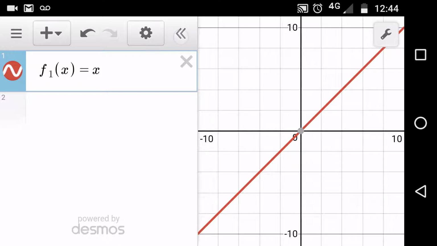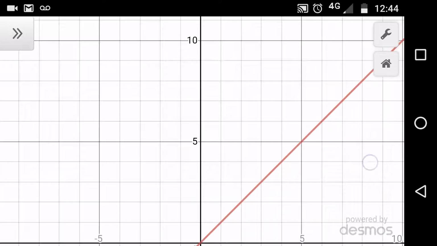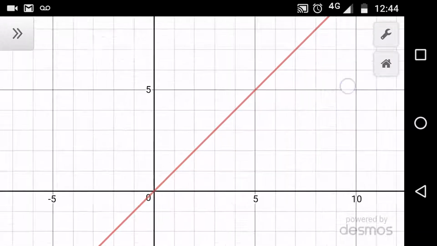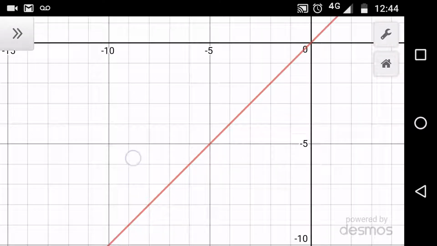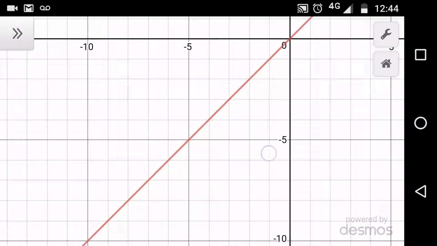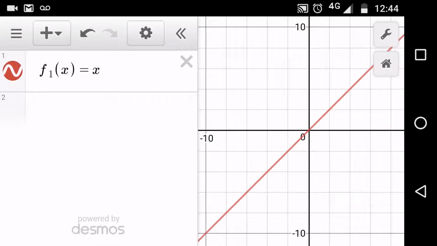Now you can see that Desmos doesn't put any restrictions on the domain of the function. Later on in a next video, we're going to show you how to restrict the function to certain values.